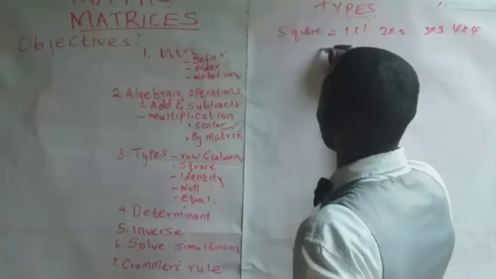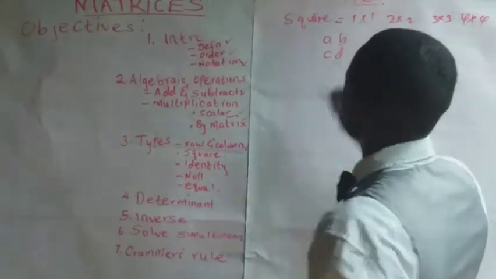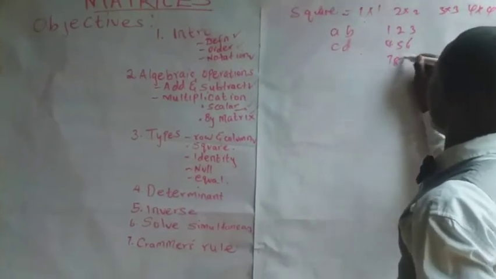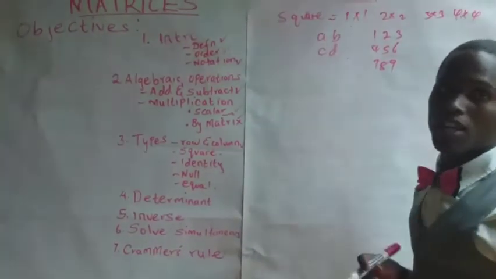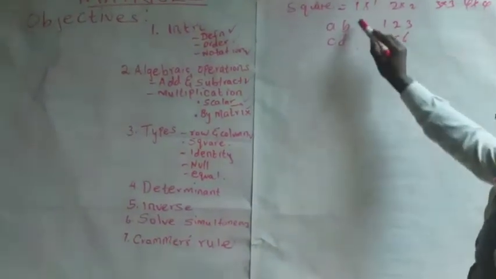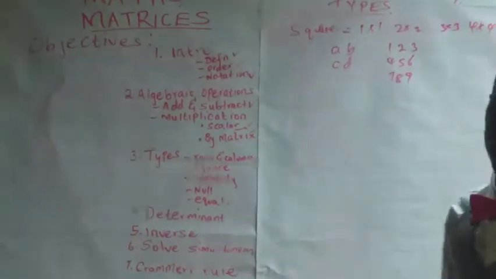So I'll say that A, B, C, D is a square matrix. I say that 1, 2, 3, 4, 5, 6, 7, 8, 9 is a square matrix. It's simply a matrix with an equal number of rows and columns.